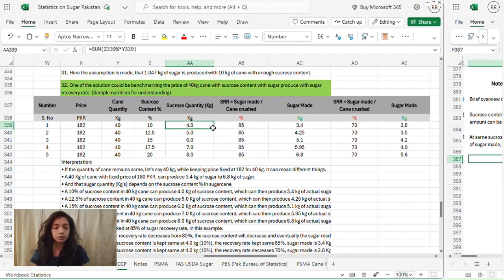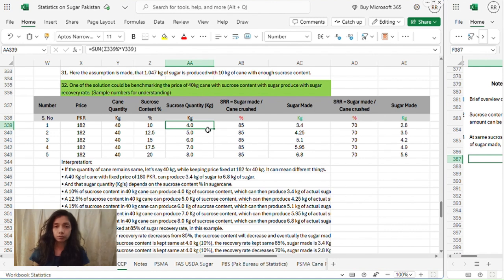So these are random calculations, just numeric calculations, not the actual data. If we had even a single actual benchmarked data point, if 40 kg of cane had 10% of sucrose content, which means let's say 3 or 4 kg of sucrose in it, for a certain variety, then we could have made some reliable and credible estimations.